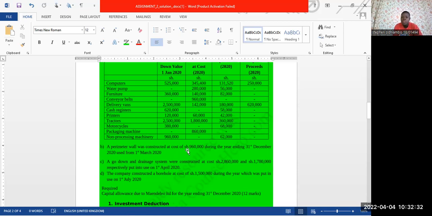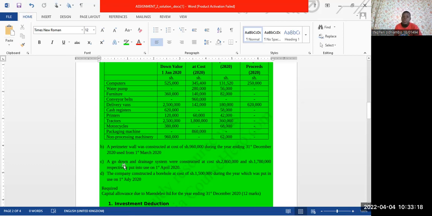During the year ending 31st December 2020, a godown and a drainage system were constructed at a cost of 2,860,000 and 1,780,000 respectively, and put into use on 1st April 2020.